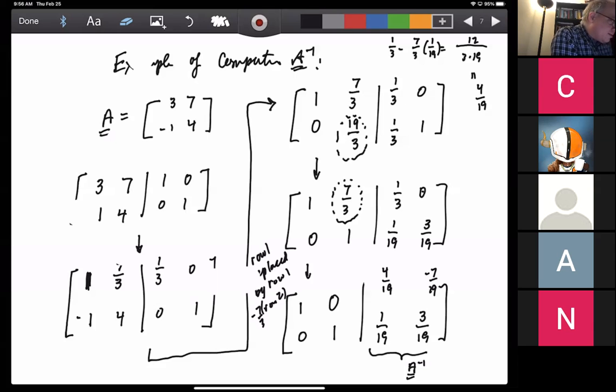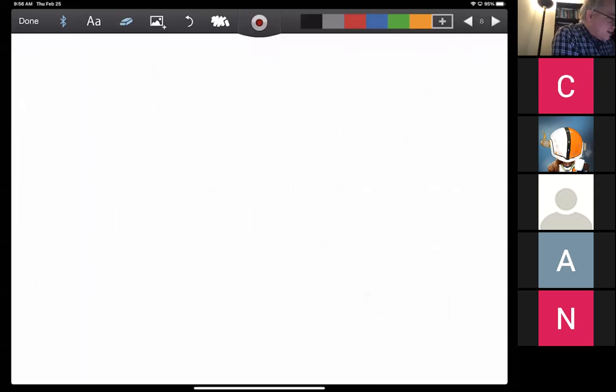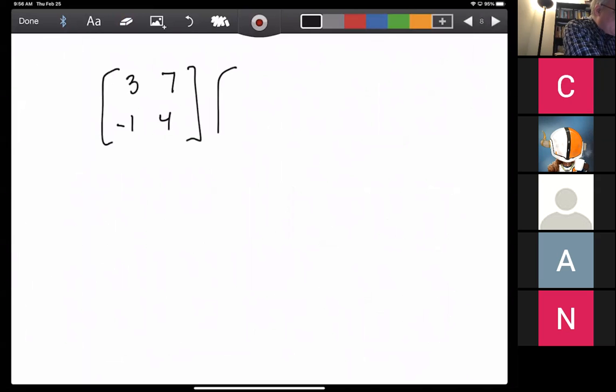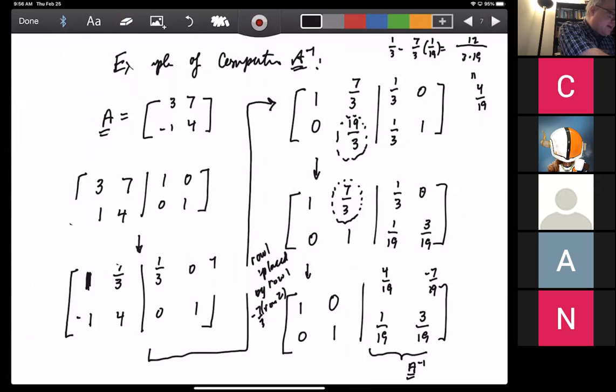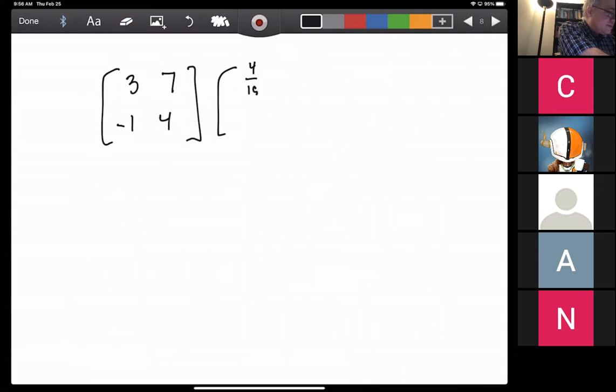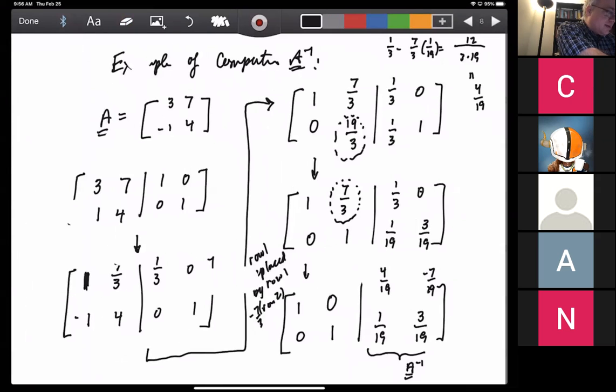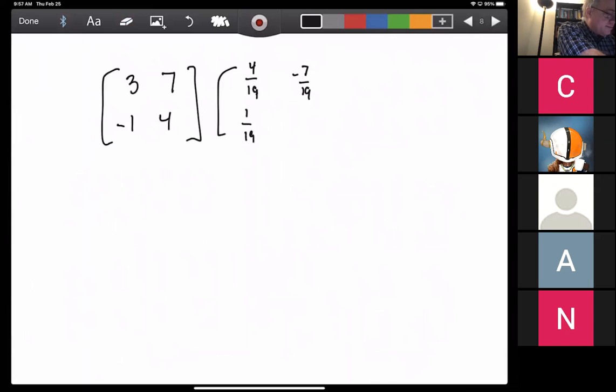Hopefully I did my arithmetic correctly. So let's check. We've got our matrix A. It's got entries 3, 7, -1, 4. And then we're saying that the inverse is 4/19, minus 7/19, and then on the bottom, 1/19, 3/19. All right, so let's check.